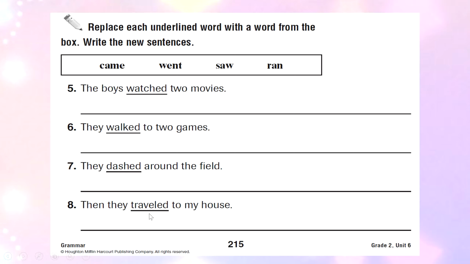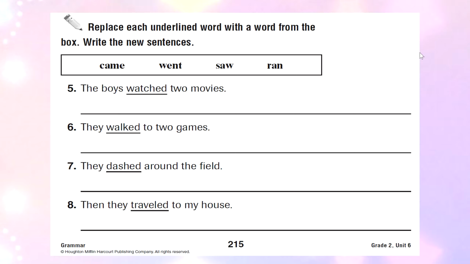Then they traveled to my house. Which verb has a similar meaning to traveled? Is it came, went, saw, or ran? Take your time to finish and then let's check the answers.